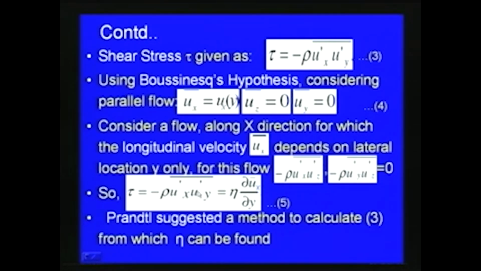So finally Prandtl got the shear stress equal to minus rho u_x dash u_y dash bar is equal to eta del u_x bar by del y, as given in equation number 5. Then Prandtl suggested a method to calculate this tau, from which we can find out this eta. That is the way he approached the problem.